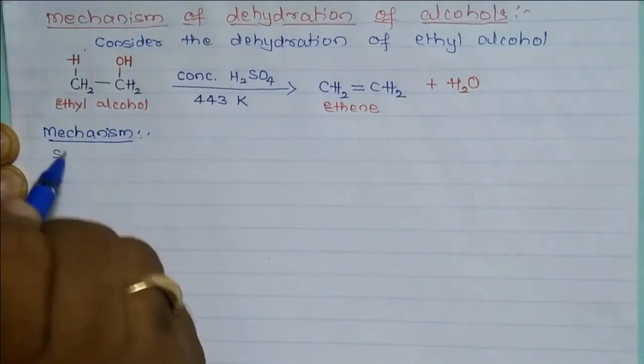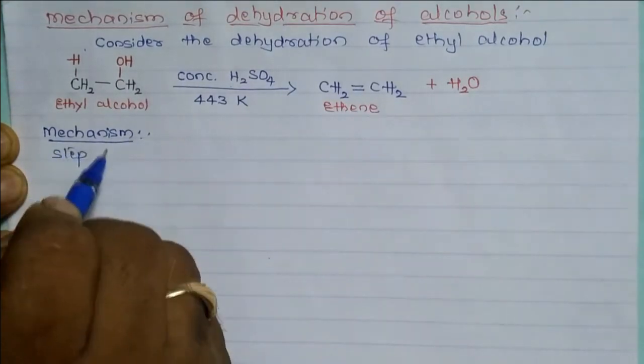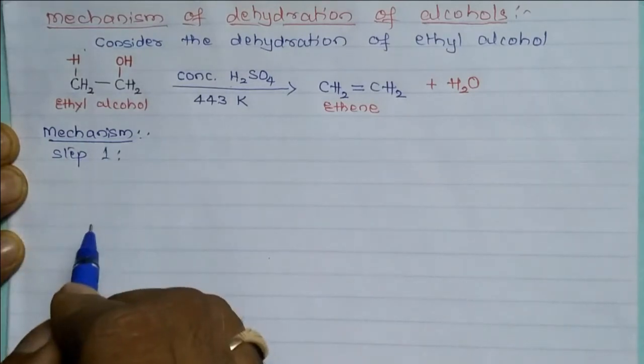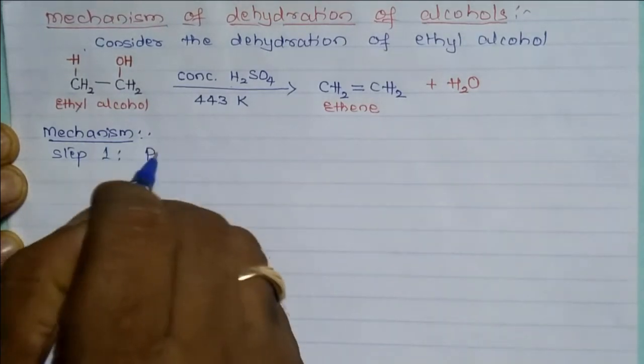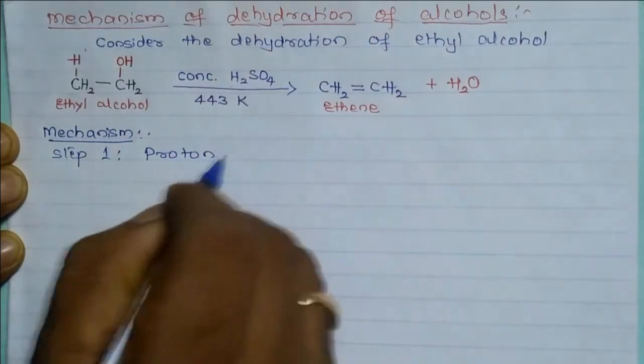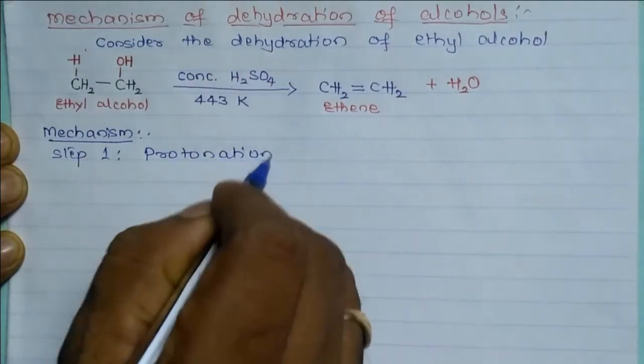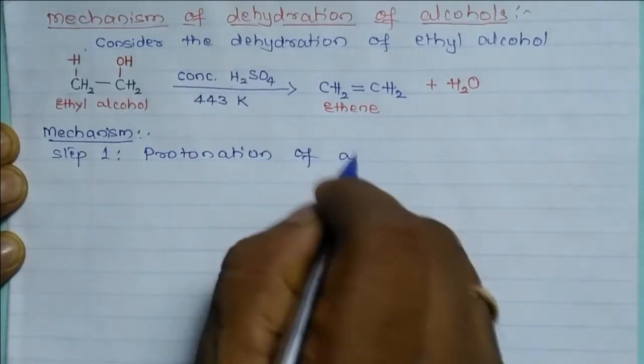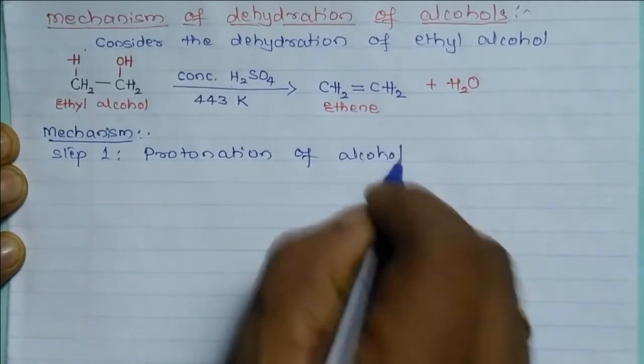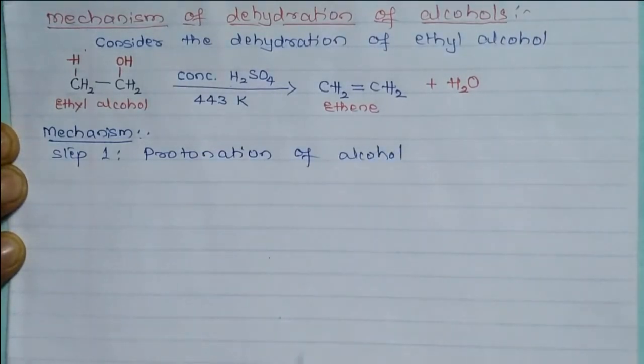Step 1, protonation of alcohol. Concentrated sulfuric acid protonates ethyl alcohol to form ethyl oxonium ion.